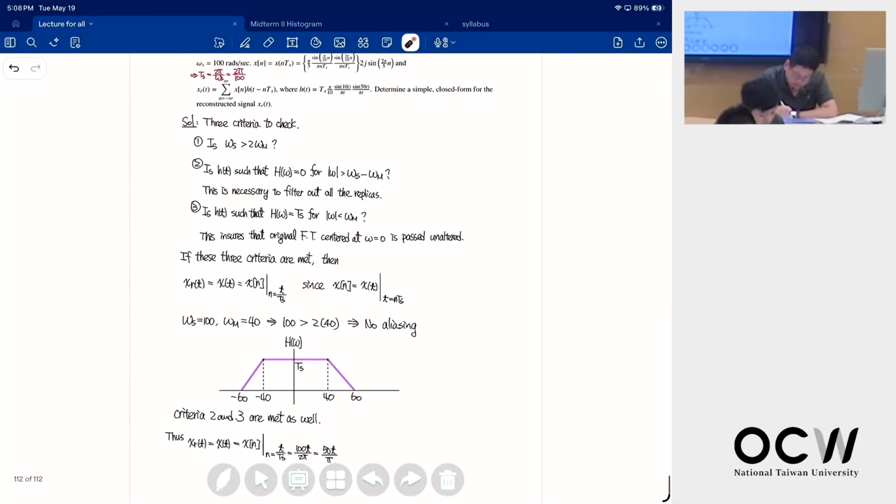So you bring this here. So the n becomes 50t over pi.